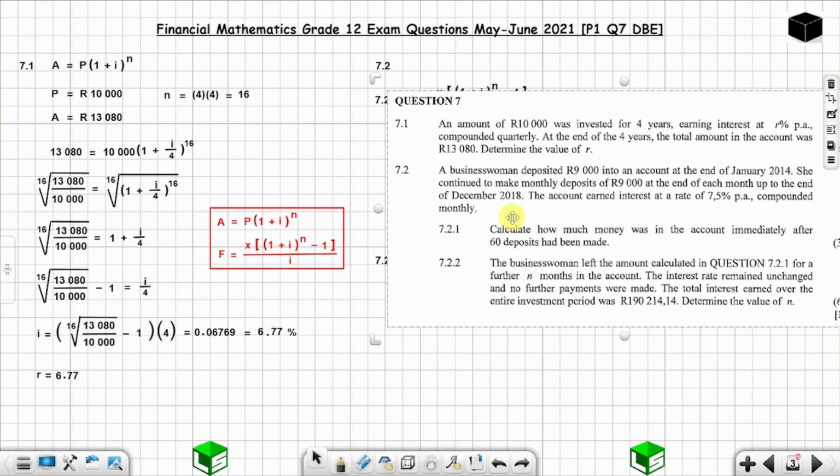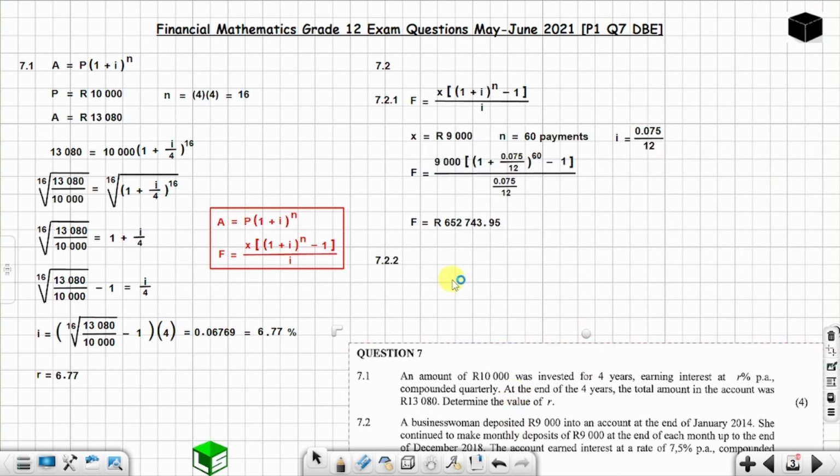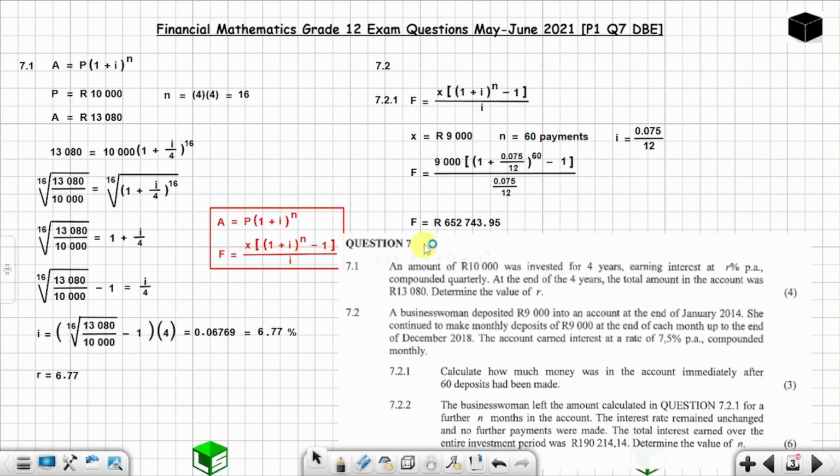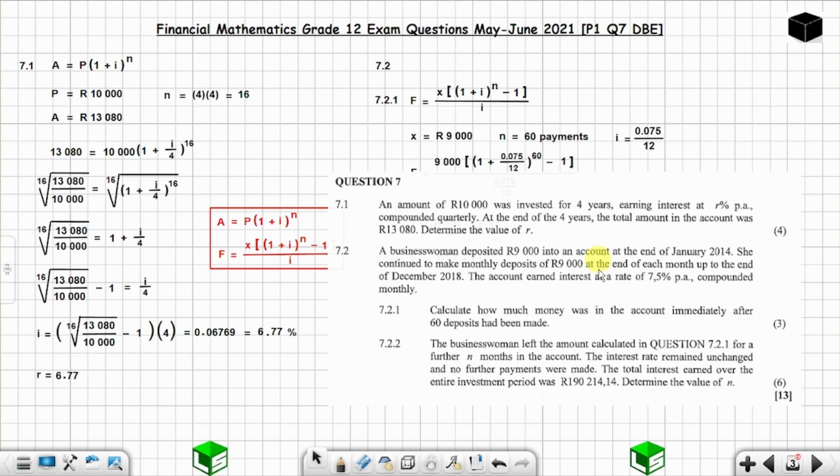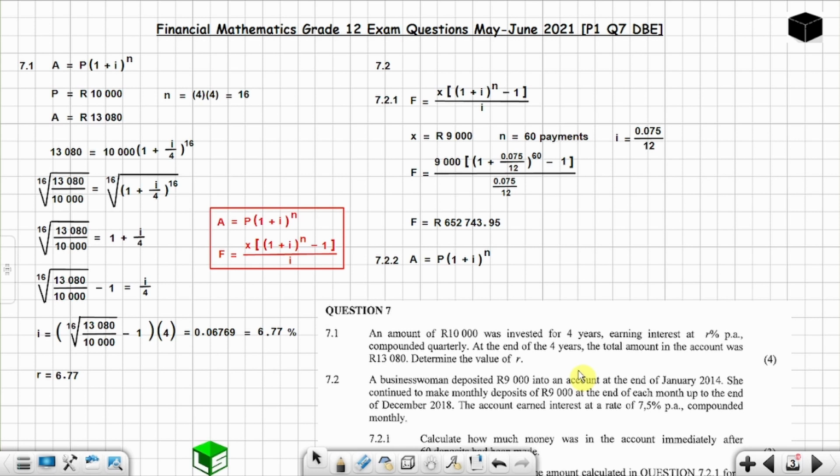Okay, let me put down the formula. This is the formula that you are going to use. You understand that we don't need this. The businesswoman left the amount calculated in question 7.2.1, so our initial amount will be this one. The money is left in the account to grow.